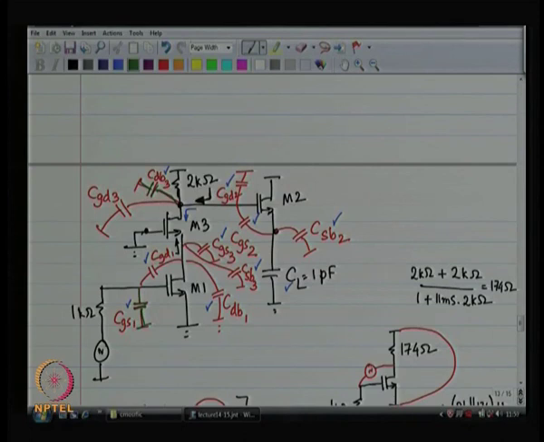How can we fix it? So, device number 1 should not be seeing such a large resistance. Right now, it is seeing 1 kilo ohm resistance. I should not be seeing such a large resistance. How do you fix it? You add a buffer stage, right?